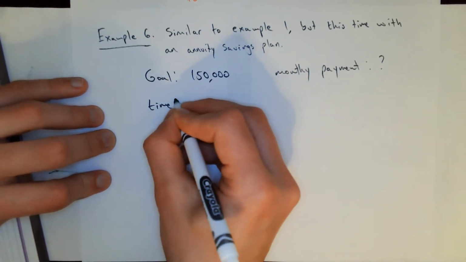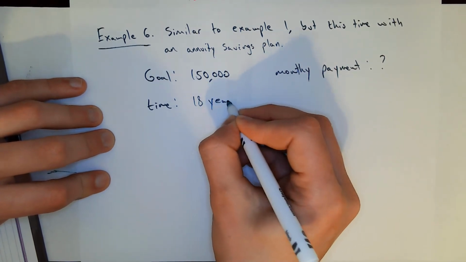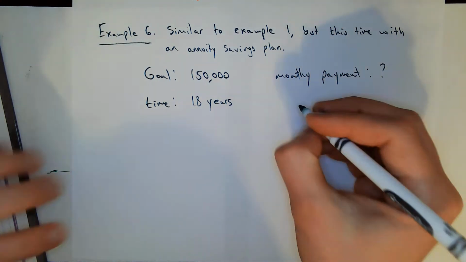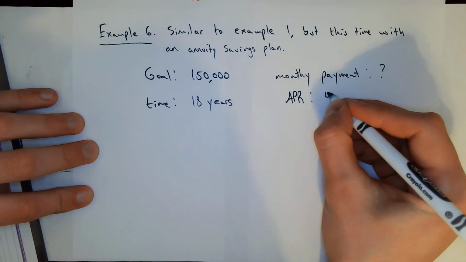Time is 18 years, right? 18 years. And what was the APR? Let's say APR was 4%.